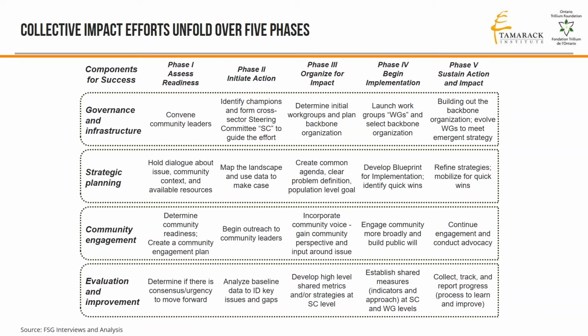Community engagement ties into continuous communications and community engagement, and evaluation and improvement ties back into both shared measurement and mutually reinforcing activities and the initiative as a whole. So there are some really nice links between the components of success and the 5 conditions of collective impact.